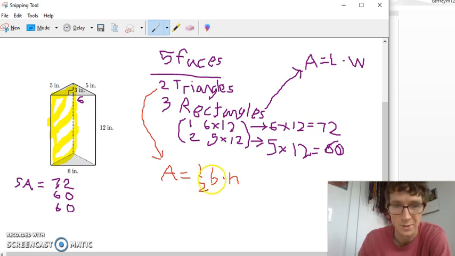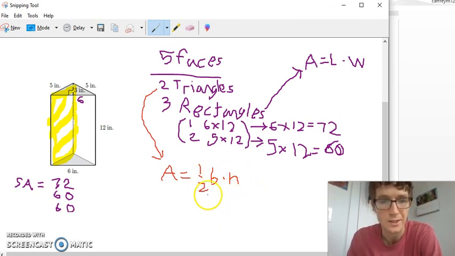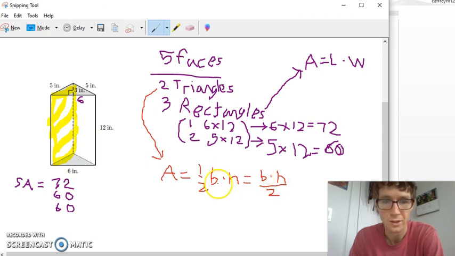Think of that as half of the base times the height. Or you can think of it as base times height divided by 2. I think that's the easiest thing to do. So I'm going to write it like that: base times height divided by 2. These 2 expressions are equal. Multiplying by 1/2 is the same thing as dividing by 2.